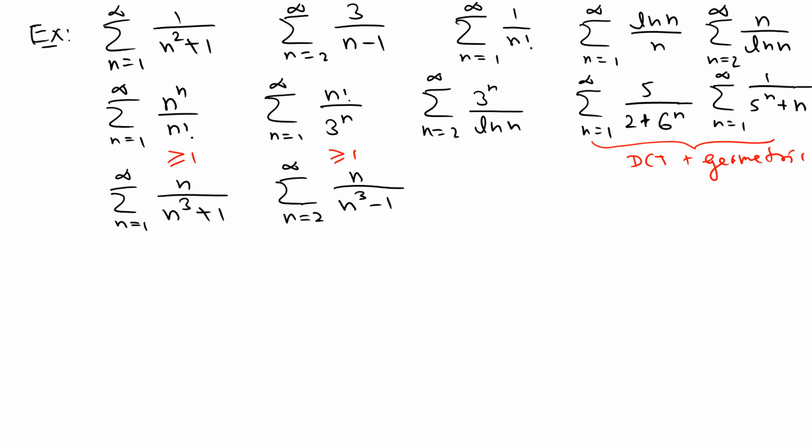Now you cannot use the direct comparison, but you can still use the limit comparison for this. So this is a direct comparison test problem, this is a limit comparison test problem. See the difference, just one number, plus 1 or minus 1 in the denominator, changes the test completely.